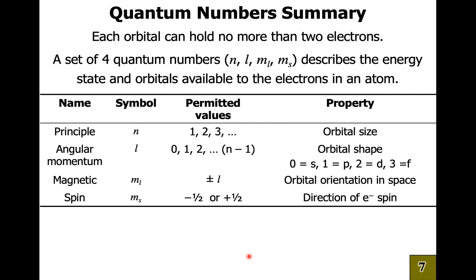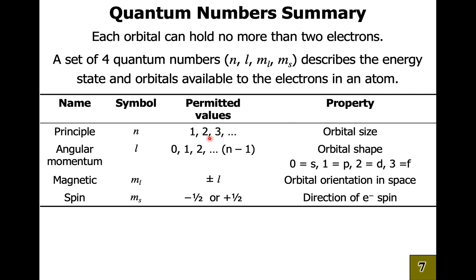Next in this chapter, we talked about quantum numbers, and in a normal semester, we usually would have you memorize these. You just need to make sure that you understand what these are and have access to them. So these are the permitted values of the quantum numbers. n can have values from 1 to infinity, any integer, any counting number. l is constrained by the value of n.